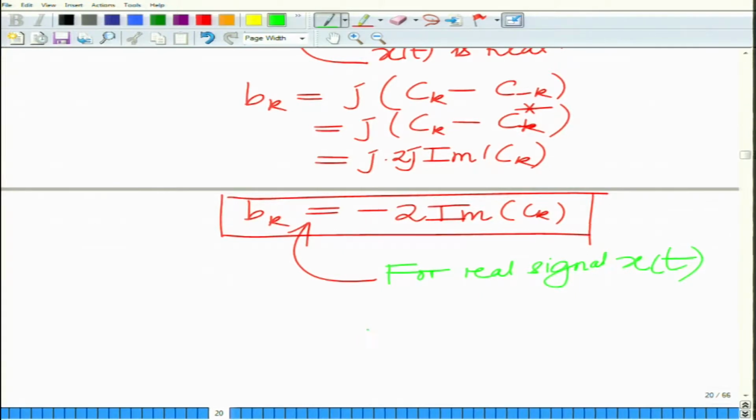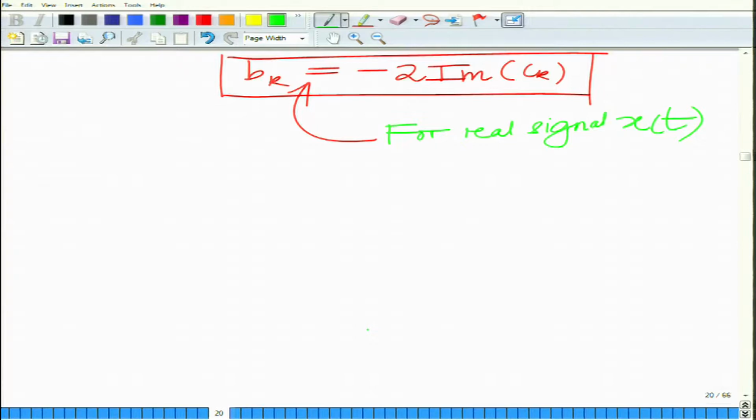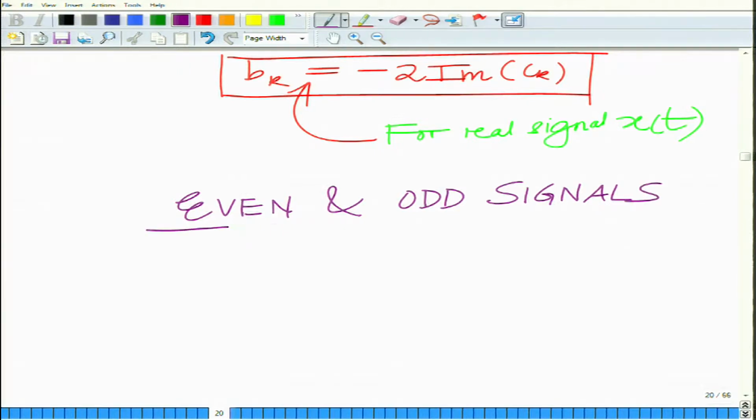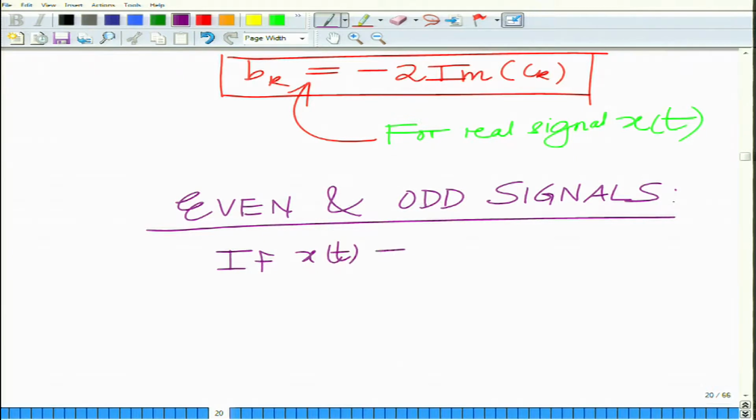Now, what about even and odd signals? Let us look at some other interesting properties, that is, for even and odd signals. If xt is even, then in the trigonometric Fourier series it is easy to infer that bk is equal to 0.